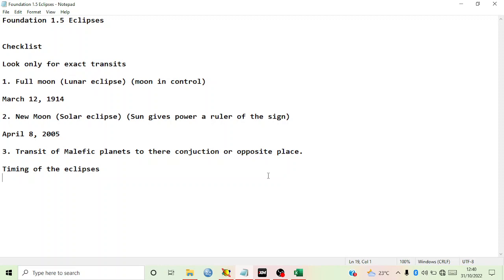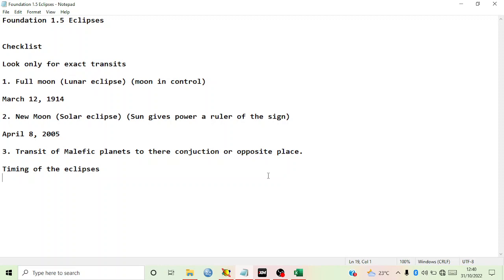So the moon's place, the sun's place, the ascendant's place or house 1, and then the 10th house or meridian, or the midheaven, transits on their places, whether it be the directional places or the radix places.